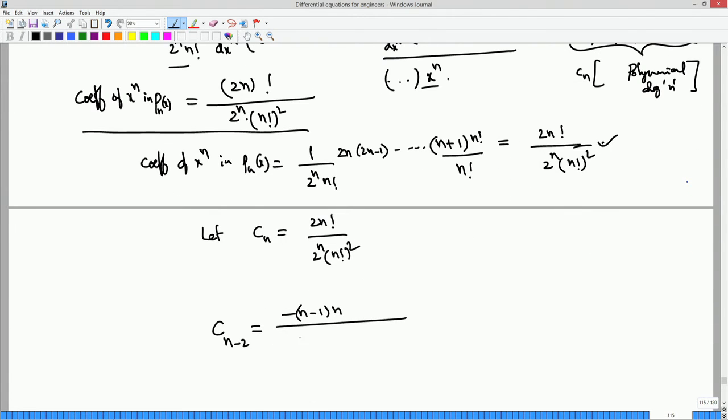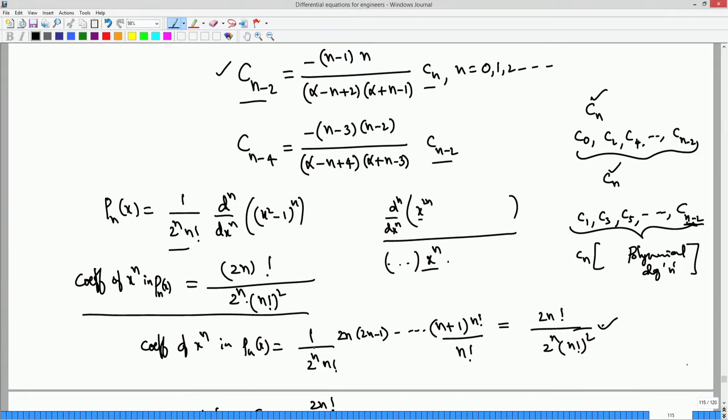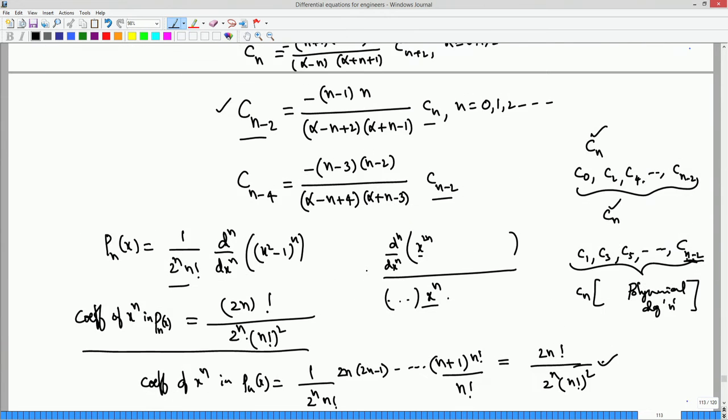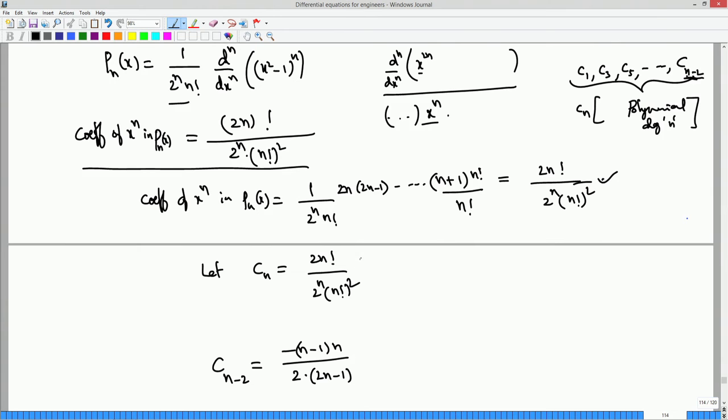Now, you fix alpha as n, n minus n plus 4, so you have 2, okay. You fix it here. So, alpha equal to n, you have 2 into 2n minus 1, into Cn. So, what is Cn? Cn is now fixed, which is 2n factorial divided by 2 power n into n factorial square.